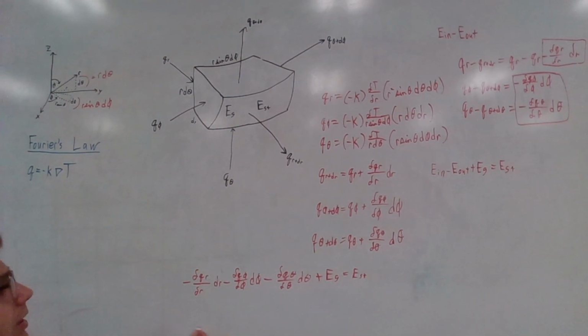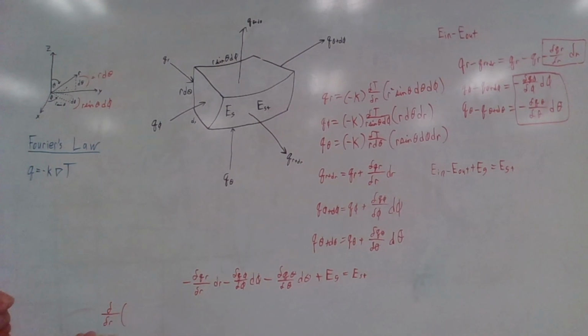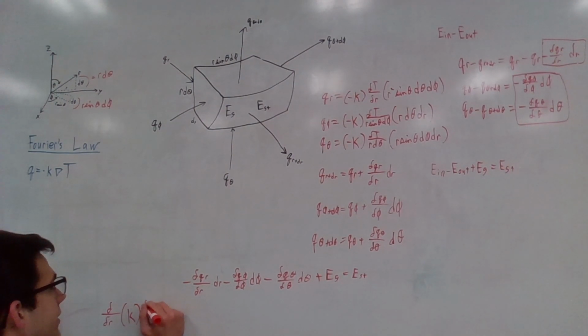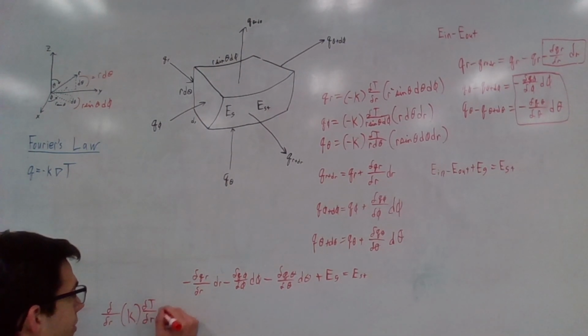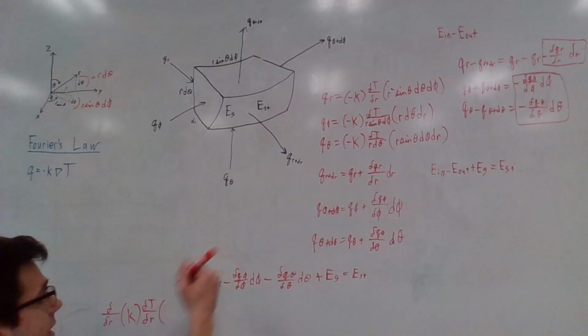All right, so our QR, so our partial here, partial R. What's QR? Well, that's going to be K, our thermal conductivity constant, times our gradient temperature. So that's a change in temperature with R times R squared sine theta, d theta d phi.